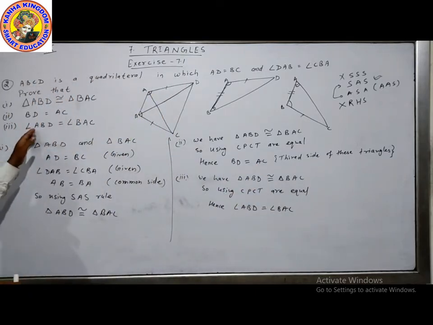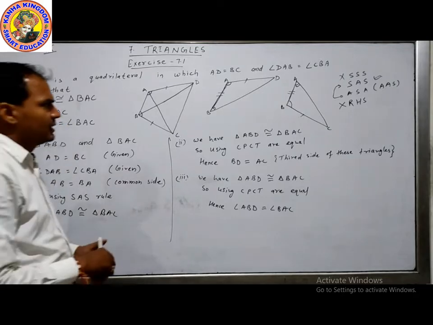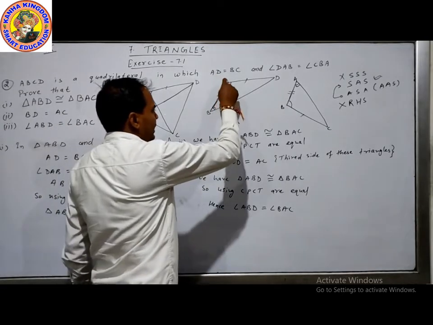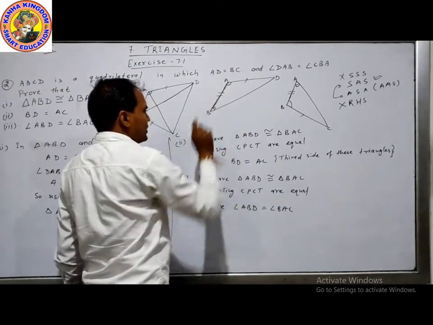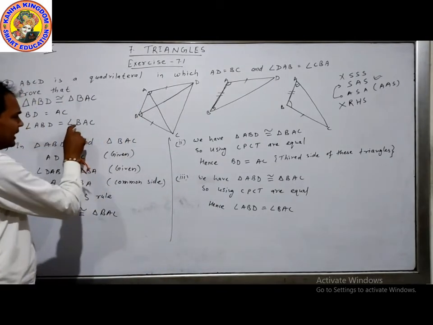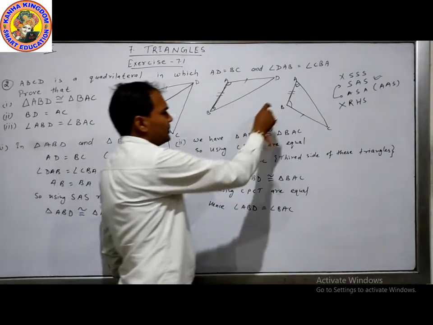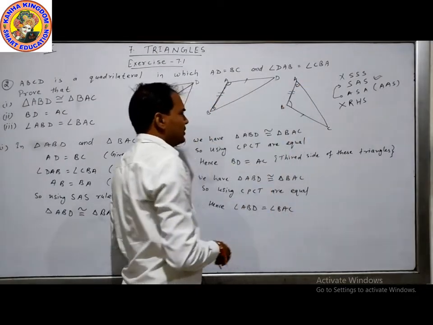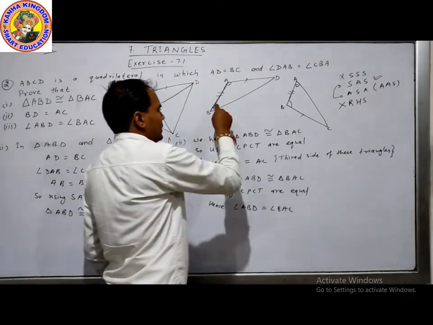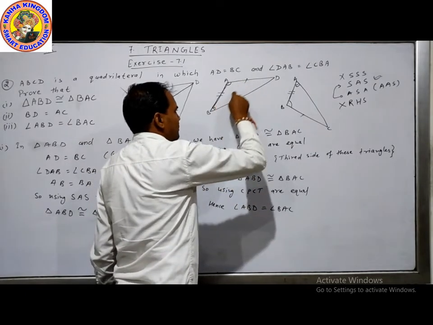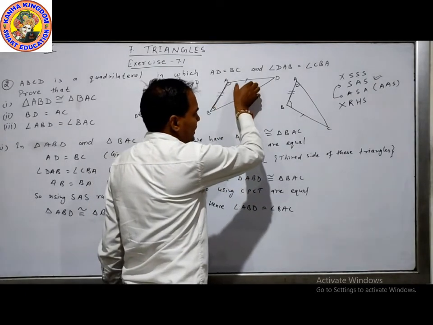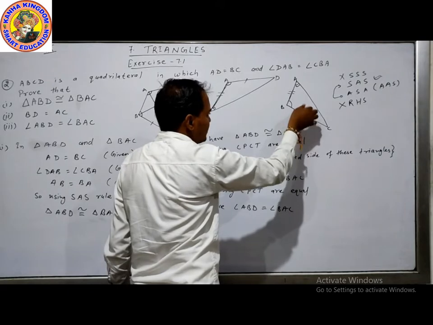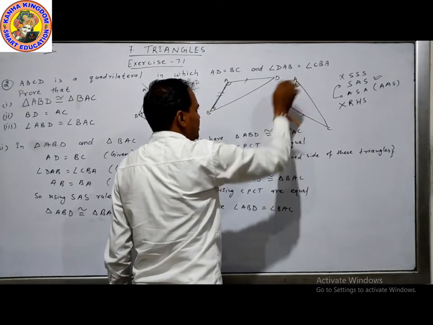Third question, angle ABD and angle BAC, these angles are equal. Angle B is opposite to side AD, and AD is equal to BC; angle A is opposite to this.